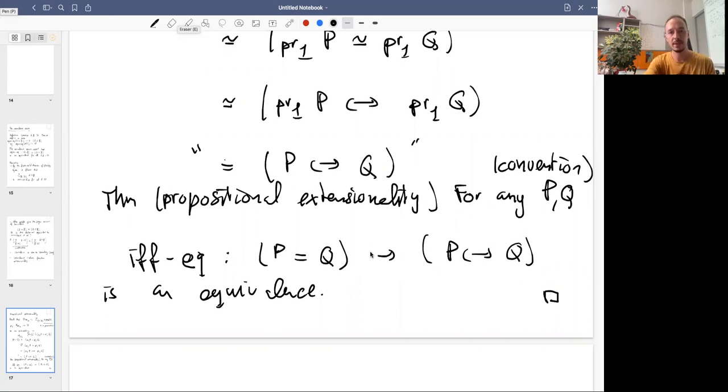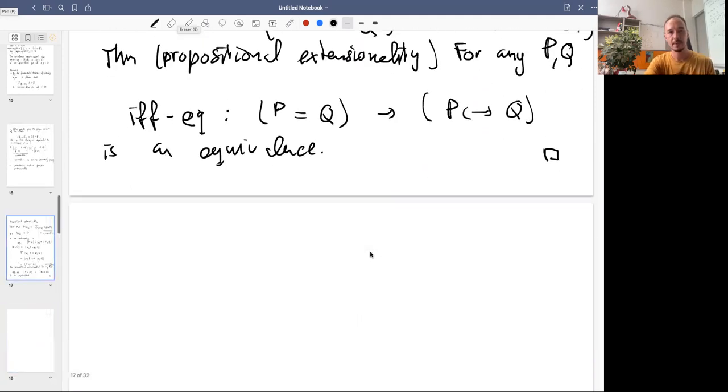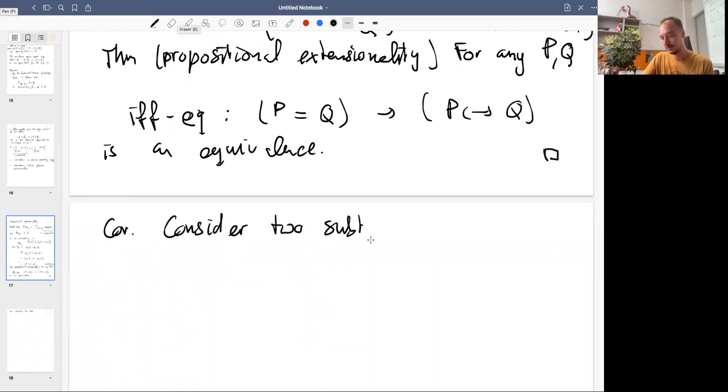And this has a very nice corollary. Let's write it here. Corollary. Consider two subtypes, P and Q from A to Prop.